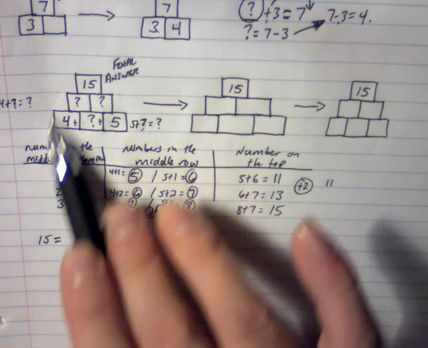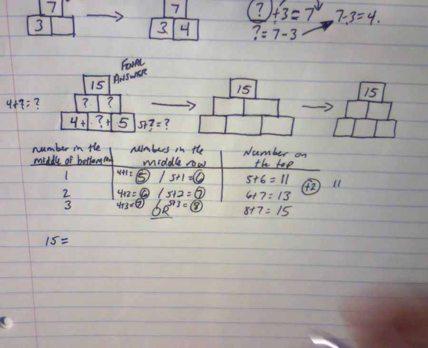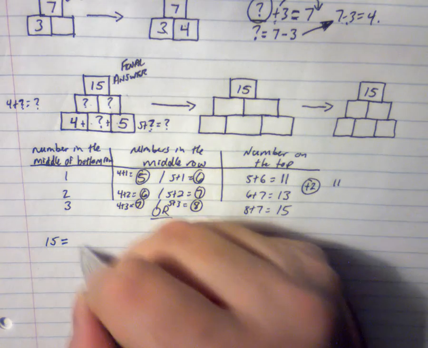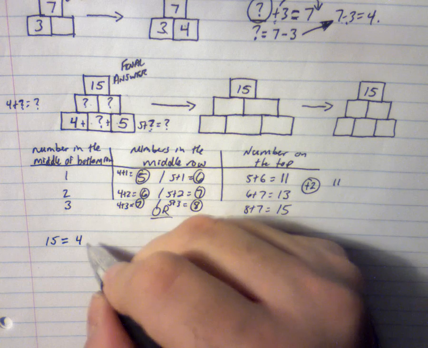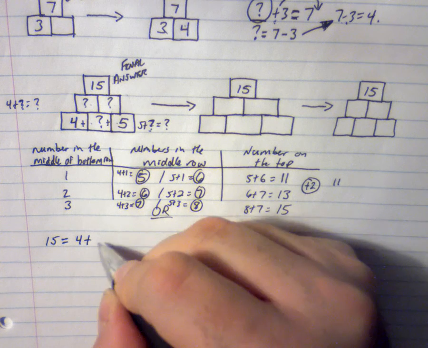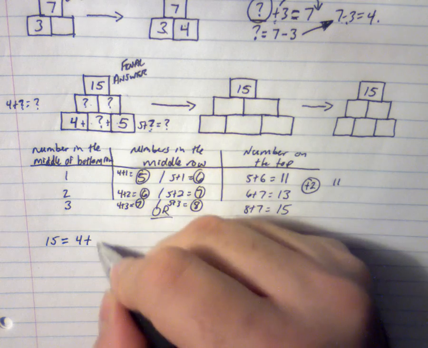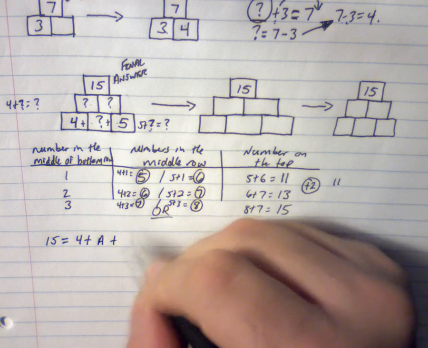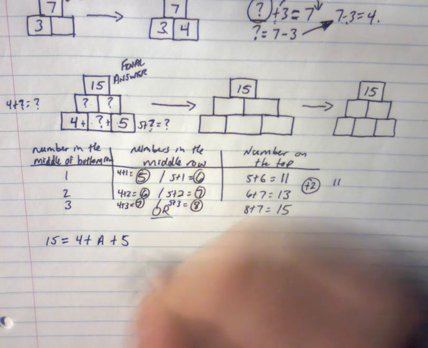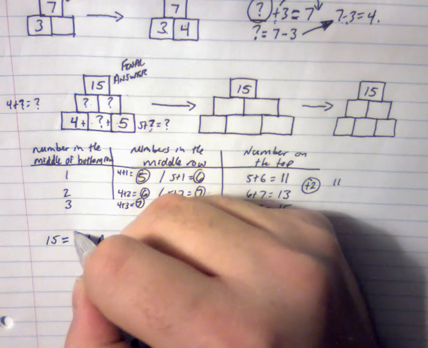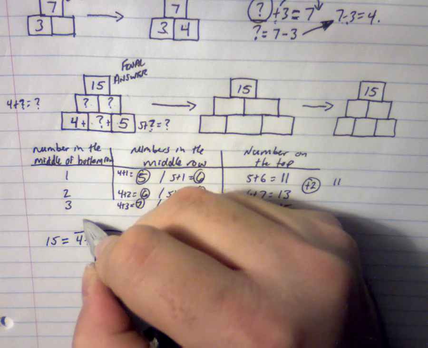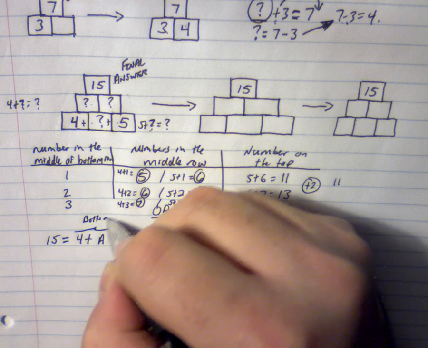All of these 5 terms in the pyramid. So 15 equals 4 plus, and we're going to call the question marks A. A plus 5, so when you look at this, this is our bottom row.